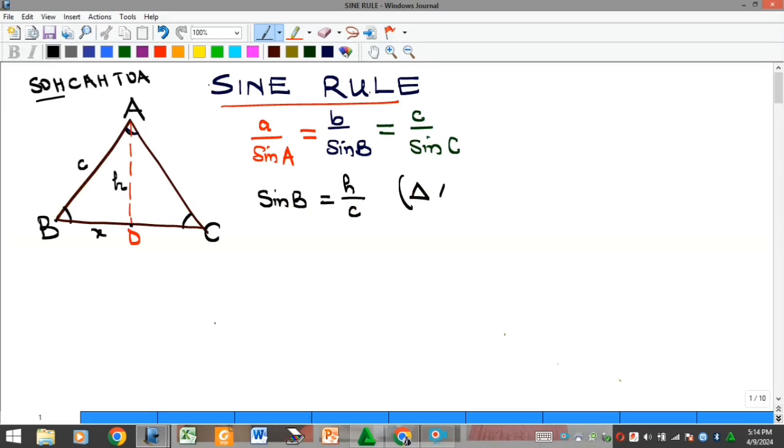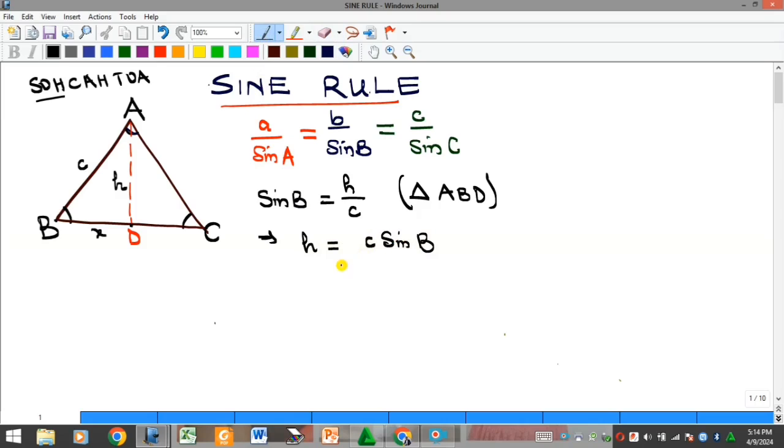Remember that this is with respect to triangle ABD. From here we can clearly see that h is going to be equal to c times sine B. Remember that this c is the small letter c.